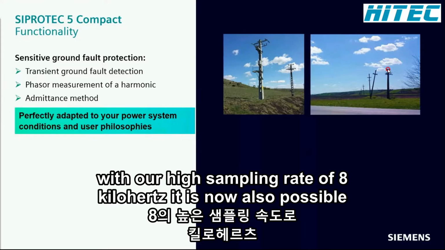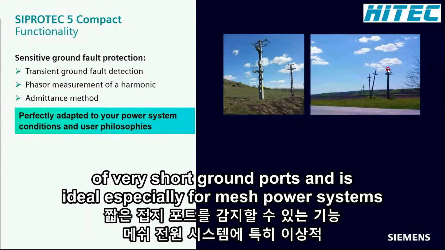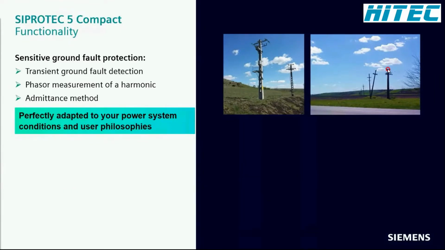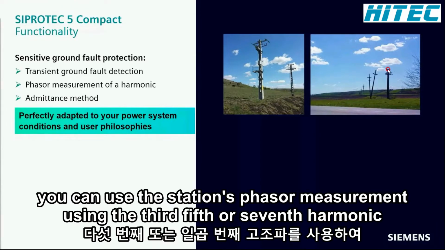With our high sampling rate of 8 kHz, it is now also possible to offer a transient ground fault function, which allows the detection of very short ground faults and is ideal especially for mesh power systems. For the determination of the faulty feeder after switching operations, you can use a stage with phasor measurement using the 3rd, 5th, or 7th harmonic.